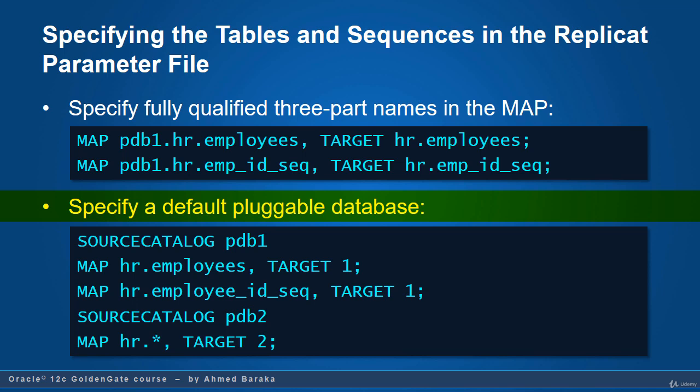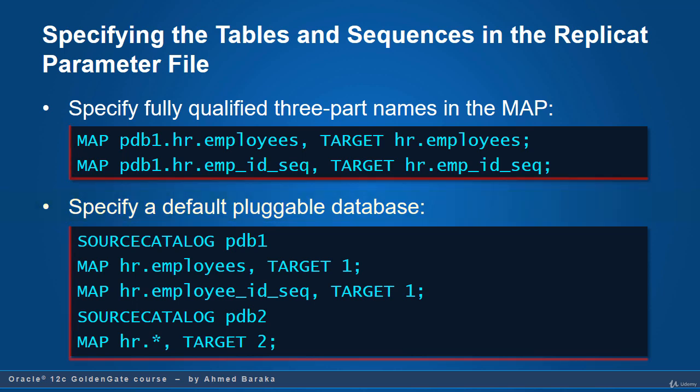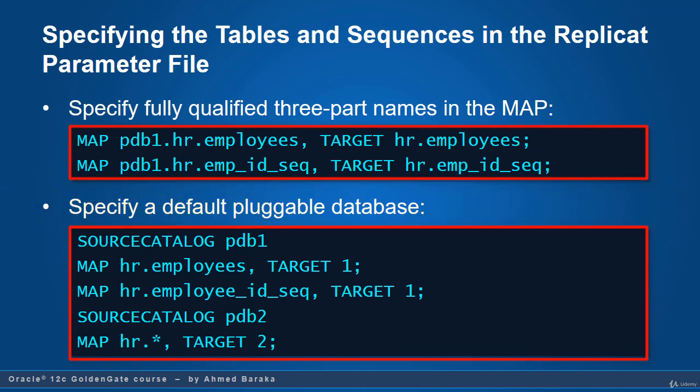However, the replicate needs to know the source PDB because the trail file could have entries from multiple PDBs. In the map portion, identify source objects captured from more than one pluggable database with their 3 part names, or use the source catalog parameter with 2 part names. The slide is demonstrating 2 code block examples, one for each method.